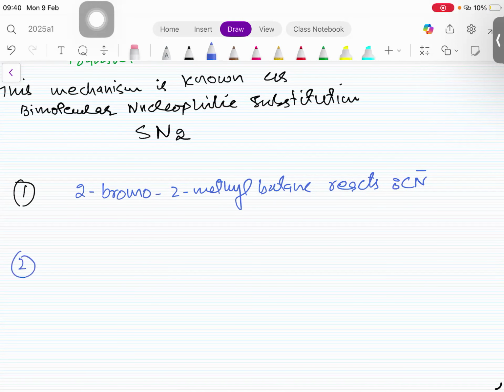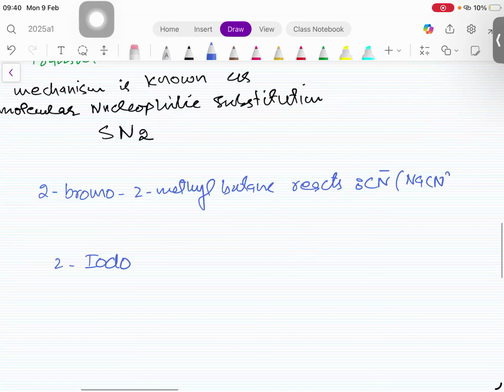Number 2, 2-iodopropane with NaCN, ethanolic, and heat under reflux.